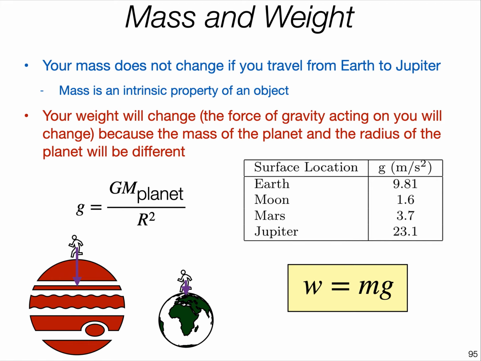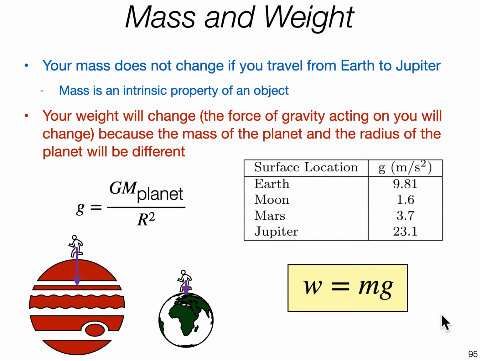Because the force of gravity acting on you on a different planet is going to be different than on the Earth. If we found that our constant little g is equal to big G times the mass of the planet divided by the radius squared, then we can calculate g, the acceleration due to gravity, on other planets. On Earth it's 9.81, on the Moon it's 1.6, on Mars it's 3.7, and on Jupiter it's 23.1. So this tells me that my mass is the same on any planet, but my weight is going to be different depending on where I go.